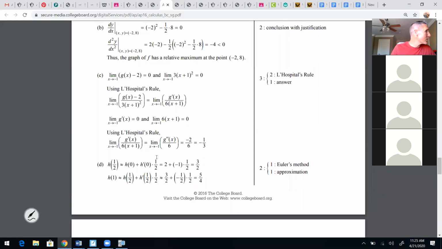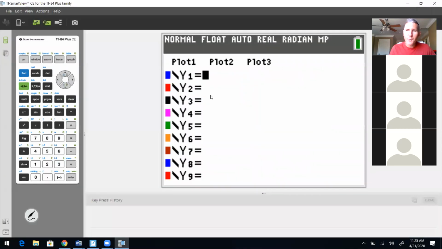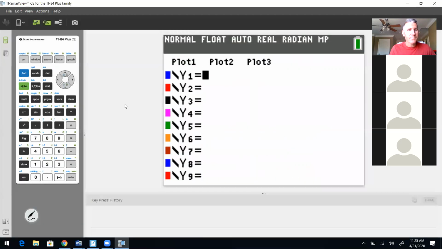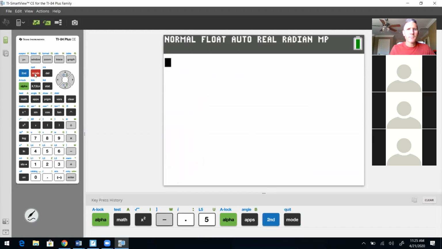They gave us that the differential equation was x squared minus 1/2 y. But instead of using x's and y's, remember how I used a's and b's? So that's a squared minus 1/2 b. So let's do that. A squared minus 1/2 b. Okay? It's second quick.